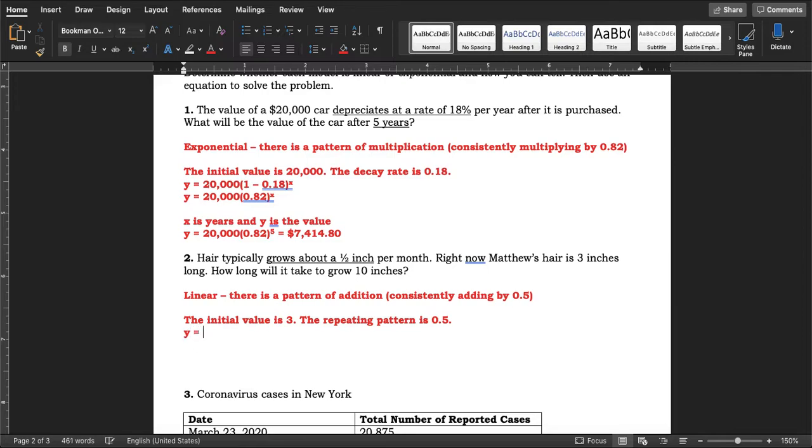So in y equals mx plus b, remember the repeating pattern goes in front of x. I'm going to leave it as a positive number because the values should be increasing, growing. They should not be going down. And the initial value stands by itself. It's the number not attached to x.